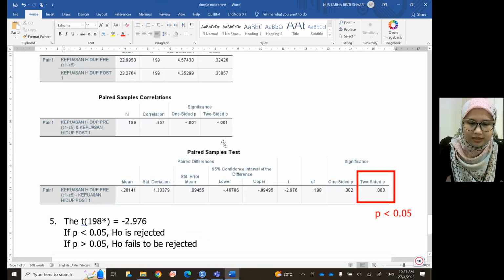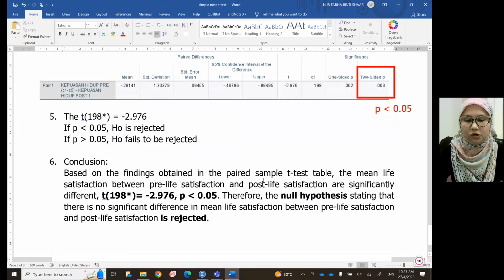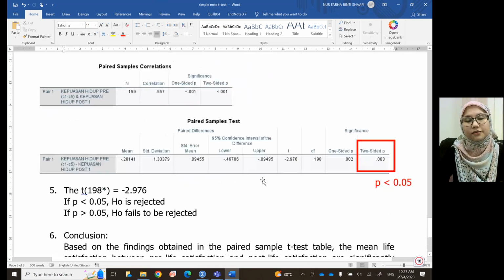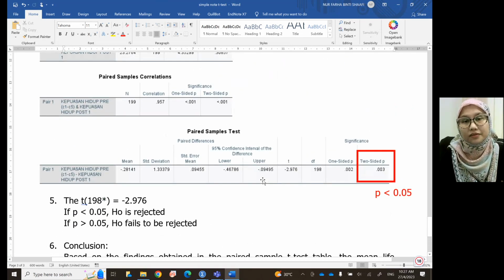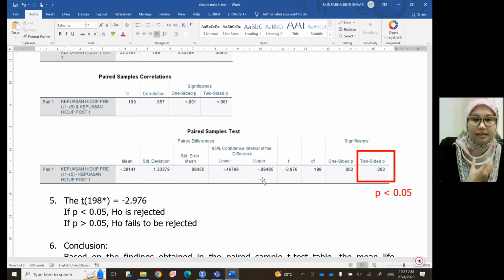So once you have reported this in your thesis, you need to give the reason why one is higher than the other. Usually this quantitative data is supported by qualitative data.